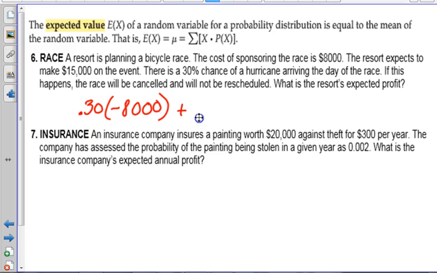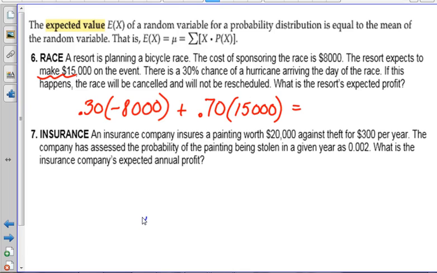On the other hand, there's a what percent chance? 70% chance that they will actually make back their money plus the profit of 15,000, okay? It says expects to make, so I'm going to assume that's beyond the cost, okay? I would make that clearer in a question on a quiz. All right, so type that in, see what you get.